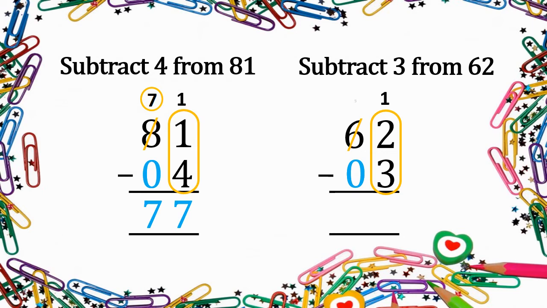We are left with 5, and the tens added to 2 becomes 12. So 12 minus 3 is 9. 5 minus 0 is 5.